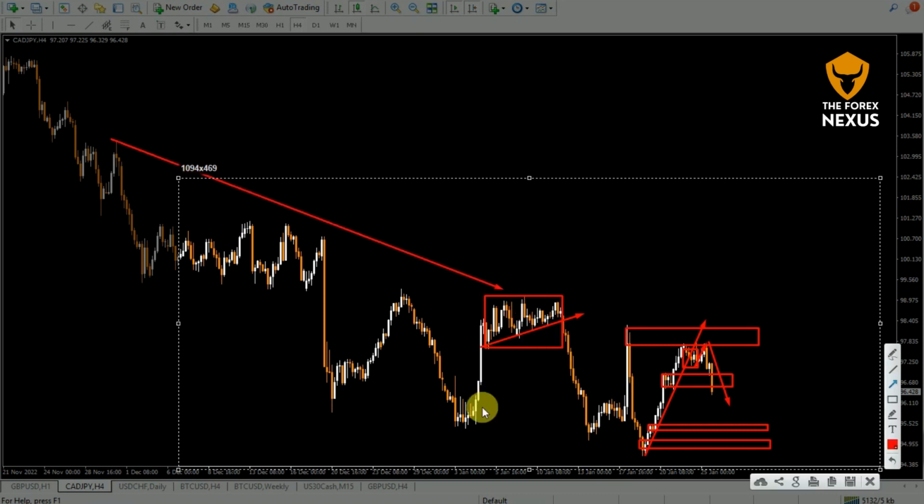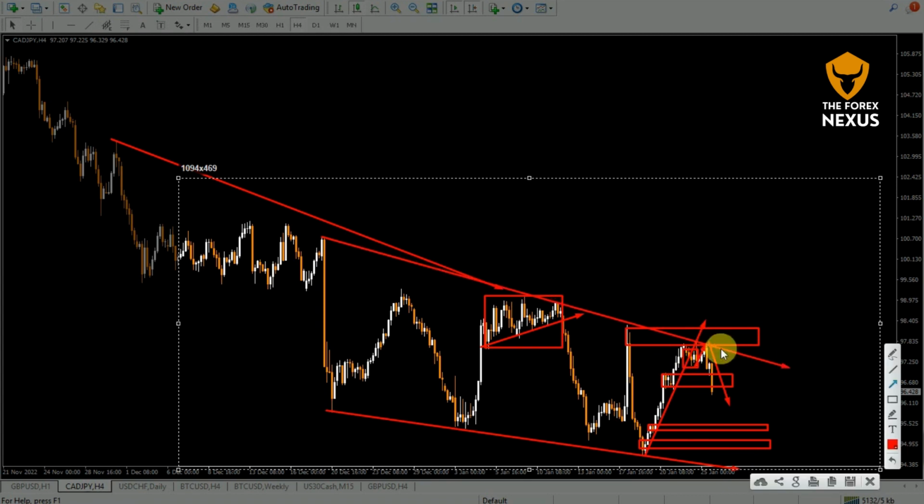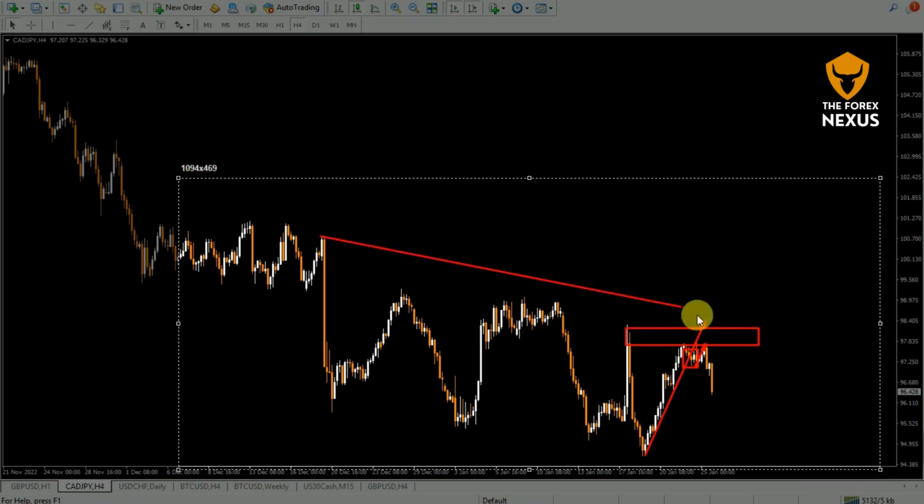So here we will wait, because the market is moving in a channel. Here we got rejection. Let me clear the chart. Here we got rejection.